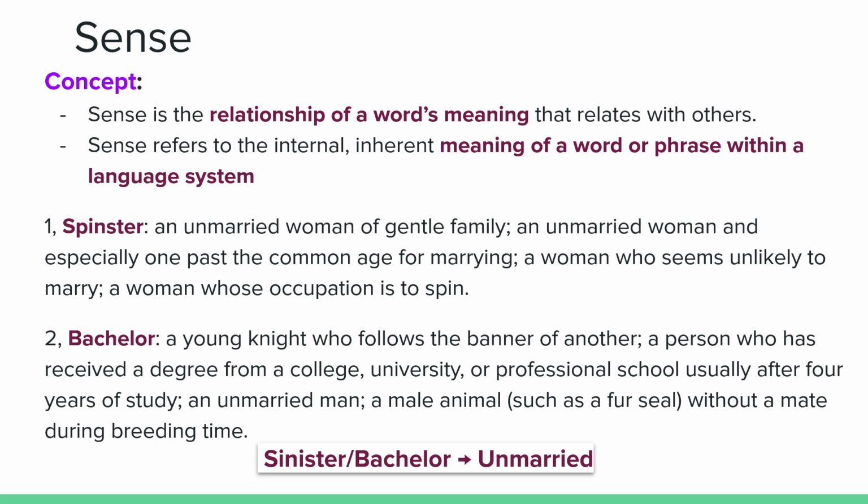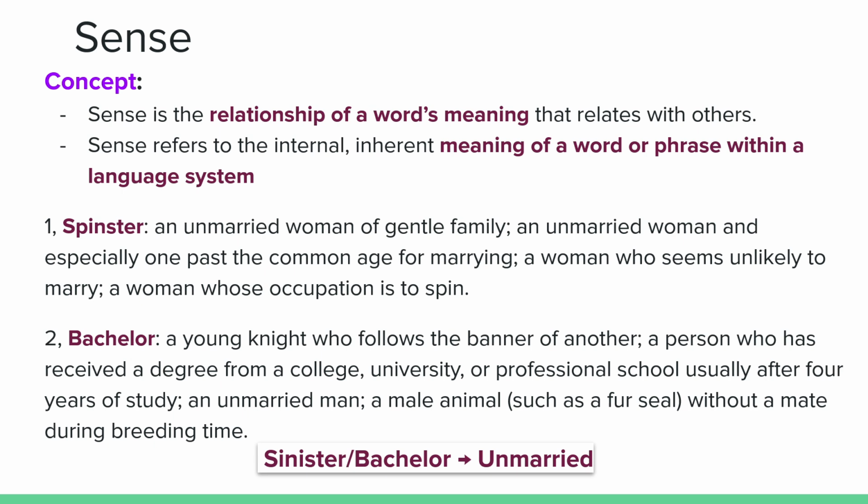Let's look at those two words, spinster and bachelor. By definition, the word spinster is defined as an unmarried woman of gentle family, an unmarried woman and especially one past the common age for marrying, a woman who seems unlikely to marry, a woman whose occupation is to spin.